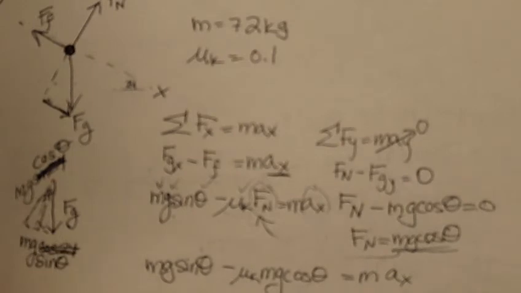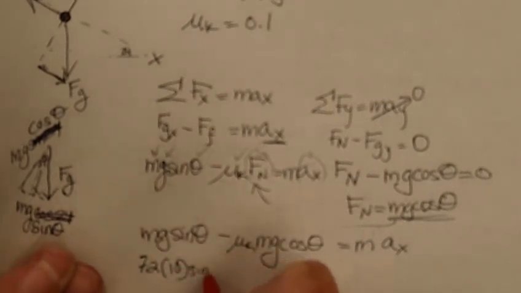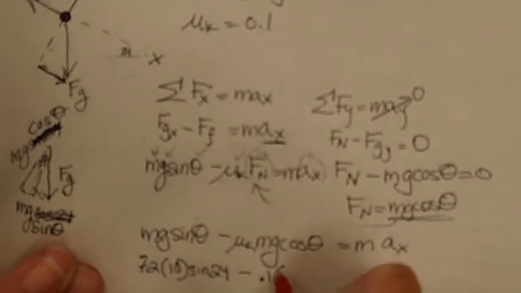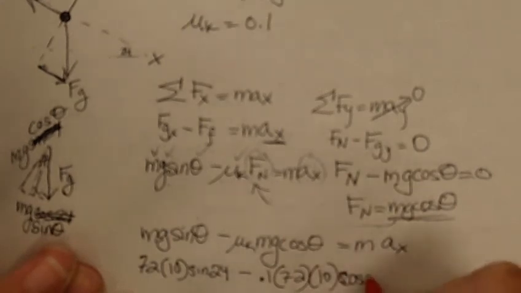Okay, finally at this point, I'm going to start putting in numbers. So I know that my m is 72 times 10 sine 24 minus 0.1 times 72 times 10 cosine 24 is equal to 72 times ax. At this point, I just have to do the calculations.